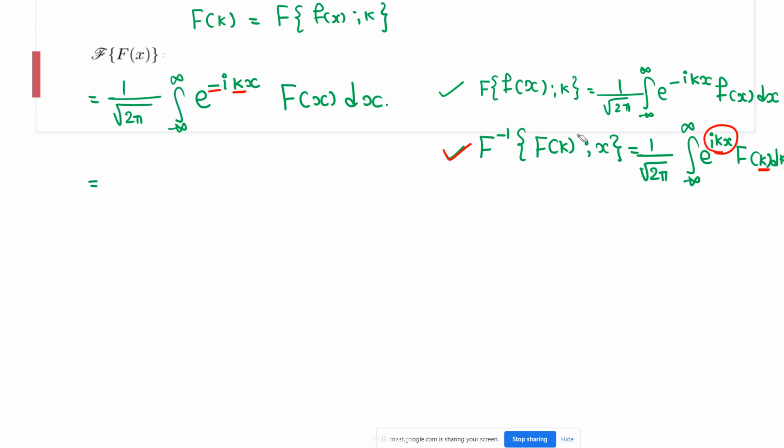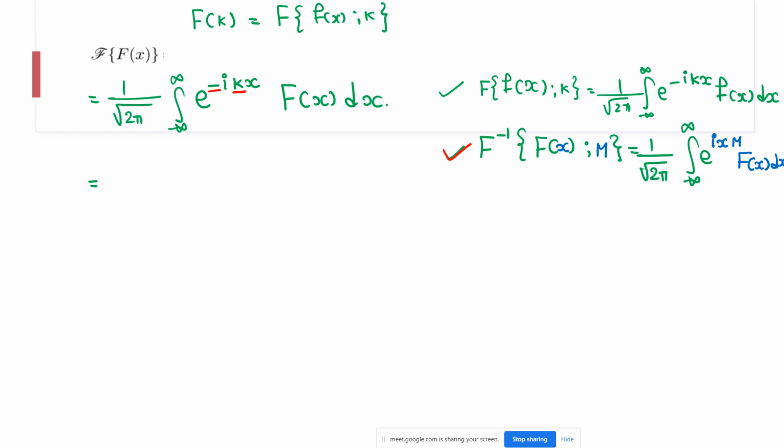Suppose I am changing it like x to capital M. So my variable has changed now. So it is ixM capital F of x dx. So the formula is still the same. What I have done is I just changed the variable.